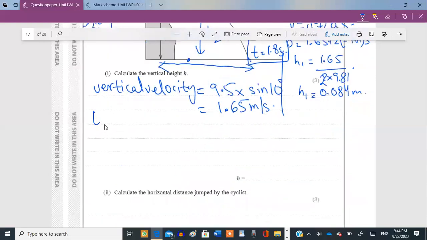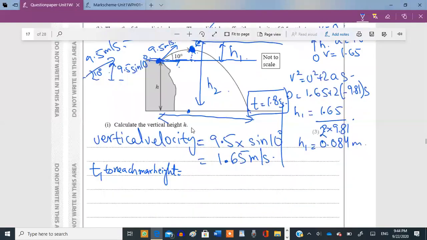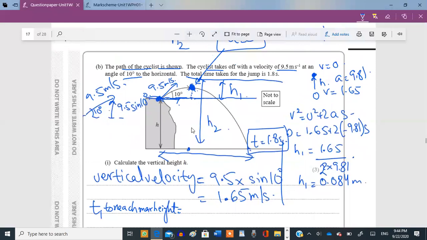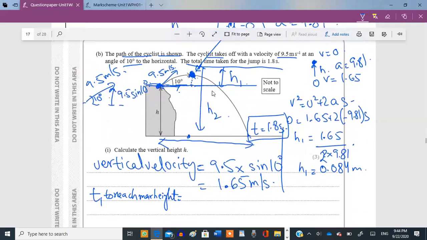Time t1 to reach max height from the hill: I'll use v equals u plus at, where t is needed, so t equals v minus u upon a.